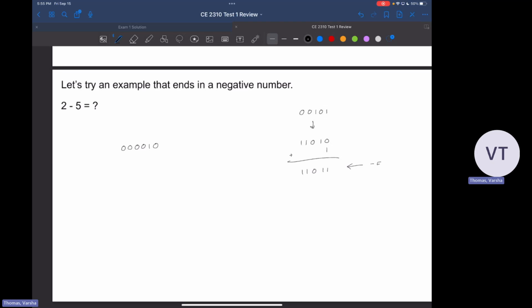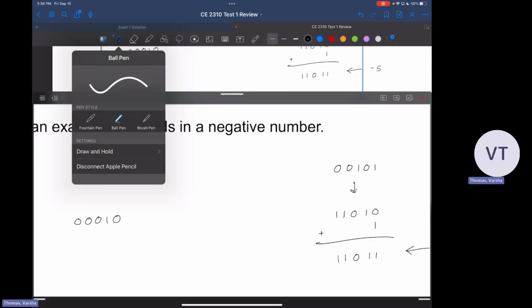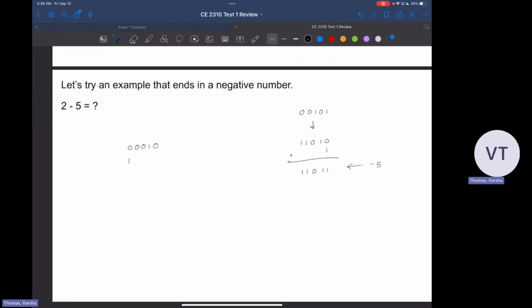This is negative 5. So whenever we add that in, oh, not enough bits again. I missed. No, we're fine. I think I just added too many bits here. There you go. So then we have 1, 1, 0, 1, 1. Add it like normally.